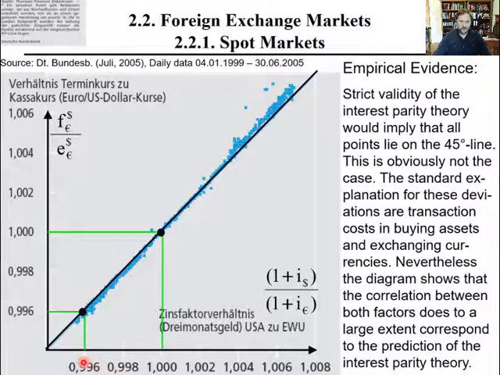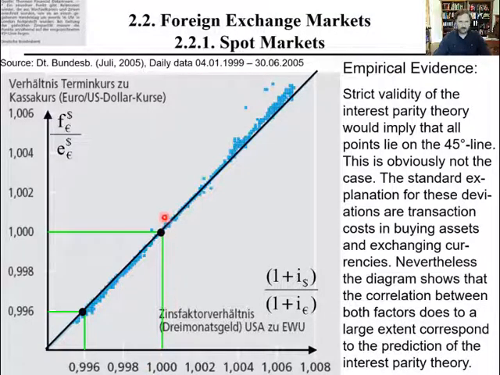As the blue observation points in this diagram reveal, they lie typically quite close to the 45-degree line. Small deviations can be explained by the existence of comparatively small transaction costs like bank fees and brokerage. Stronger deviations are quite seldom to observe.